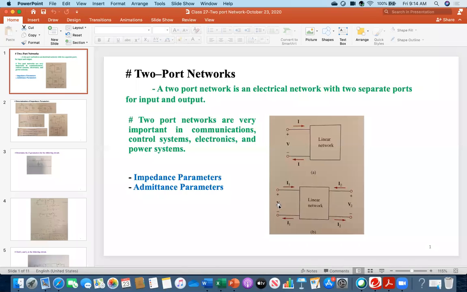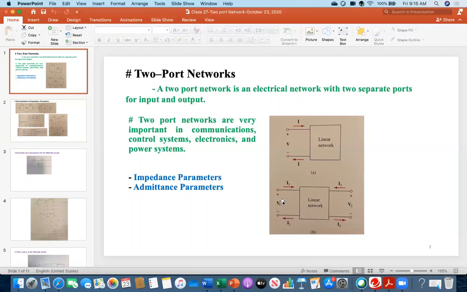This is called the input port, and this side is the output port. As you can notice, on the left side, the first port, current I1 is entering and then current I1 is leaving, similar to this one. But on the right side port, from this terminal current I2 is entering and then current I2 is going out. These are separate things.